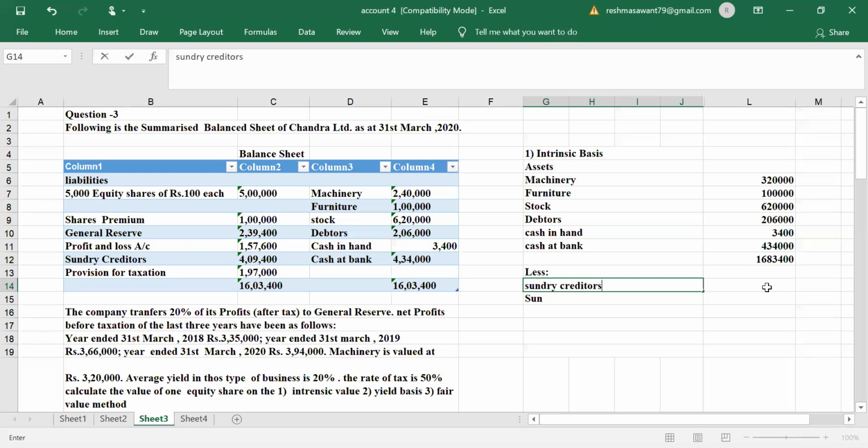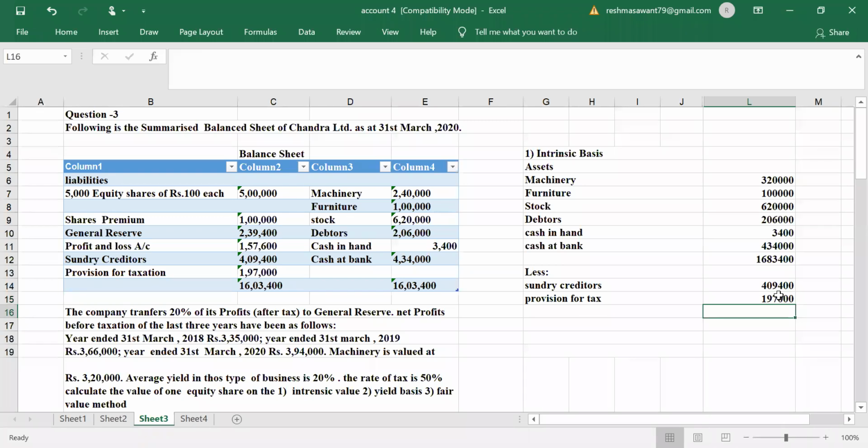Sundry creditors mentioned in your question 4,09,400. Next, provision for tax, rupees 1,97,000. So only these two headings are considered.